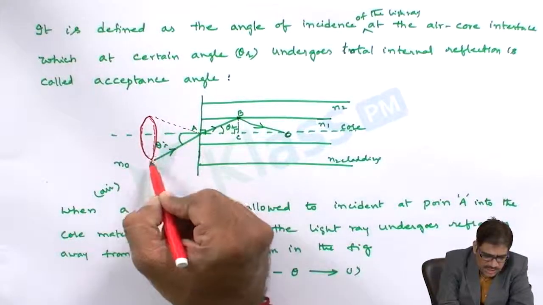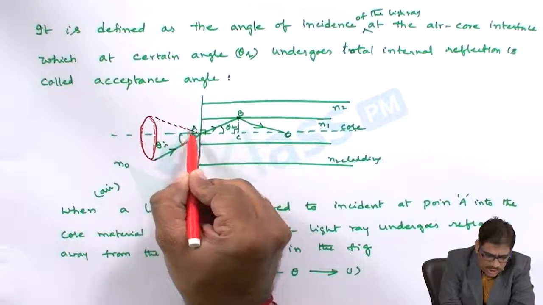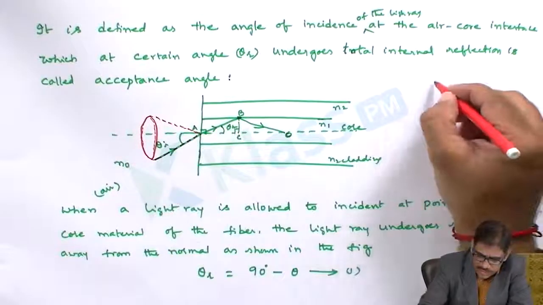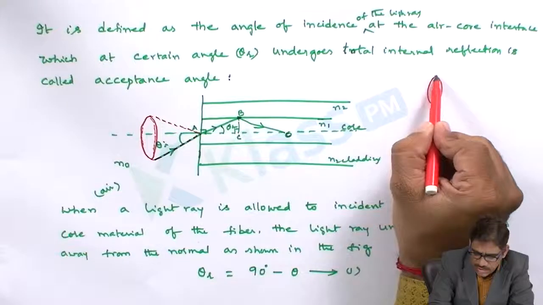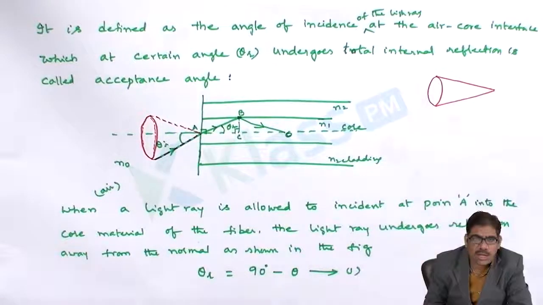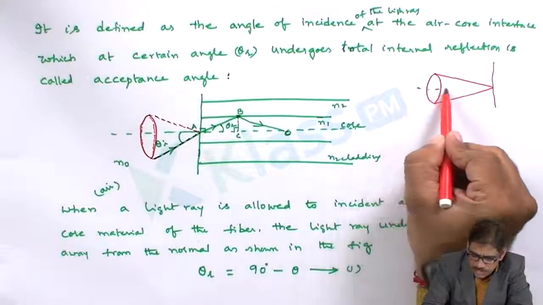So here what is it that we are doing? As seen from the figure, this looks like a cone. So this part is what I am talking about. This amount of light ray converges at a particular point and meets at the air core interface. This is the point I am talking about. This is your principal section.